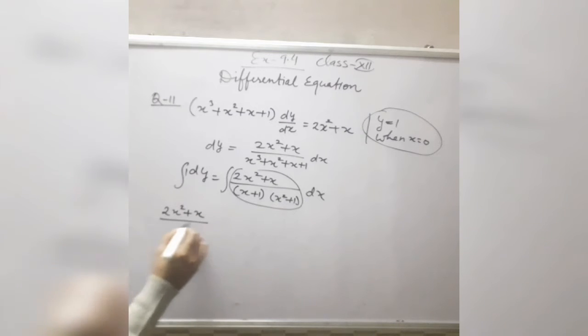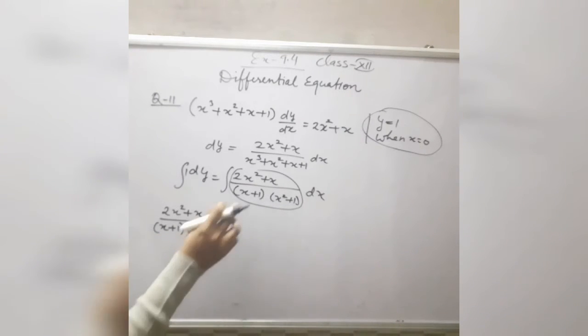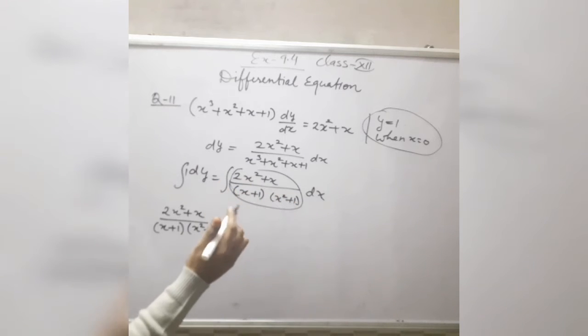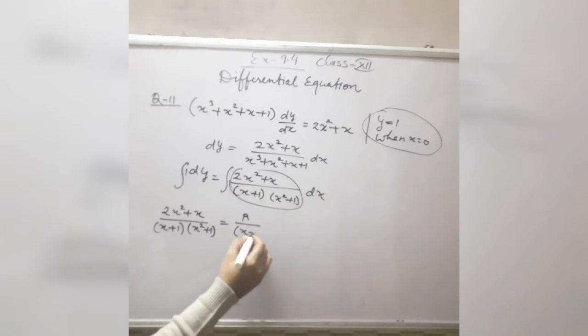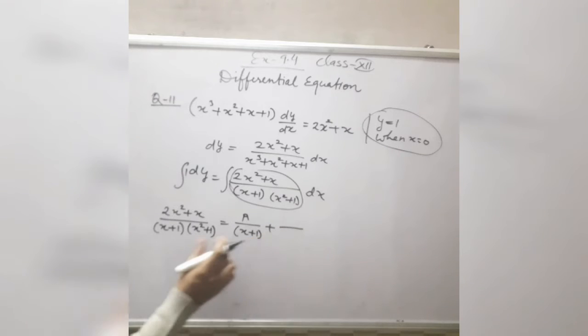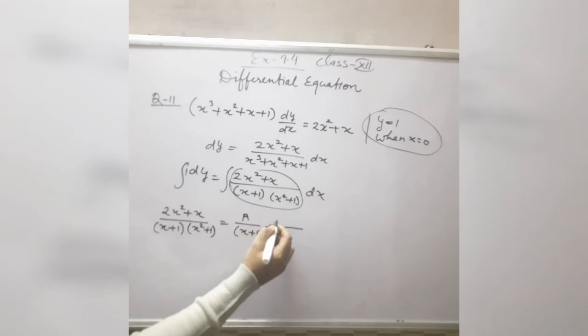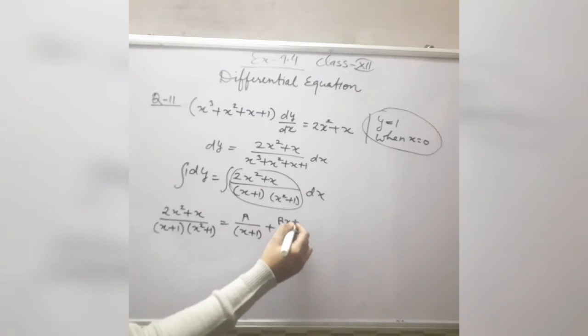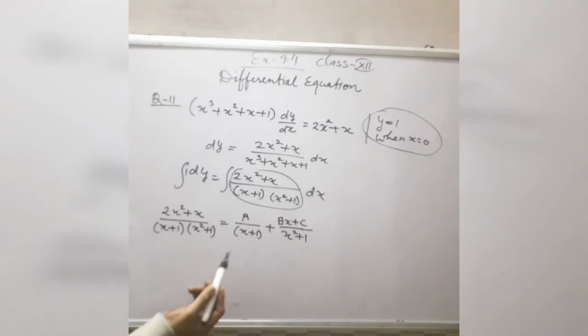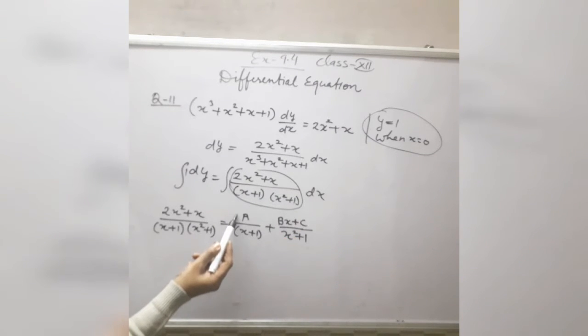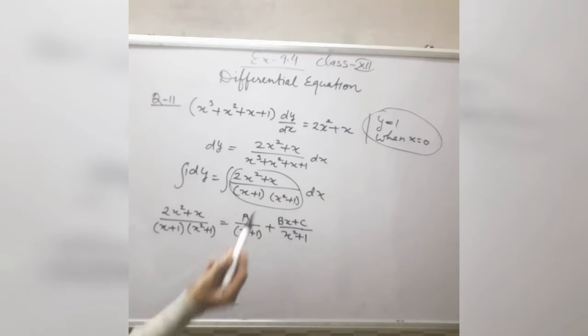(2x square plus x) divided by (x plus 1)(x square plus 1). Without integration, I am taking this term only. This term can be written by partial fractions as a by the first linear factor plus the second factor which is quadratic. That's why in place of only a constant b you will take bx plus c, because in the denominator you have a quadratic. For a linear factor you take only a constant term, but for a quadratic you take a linear term, so bx plus c.